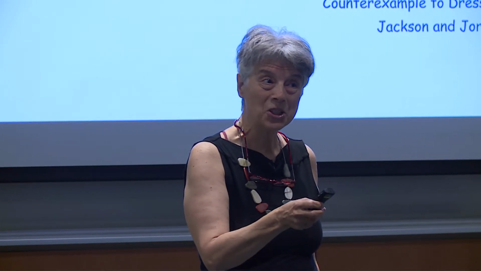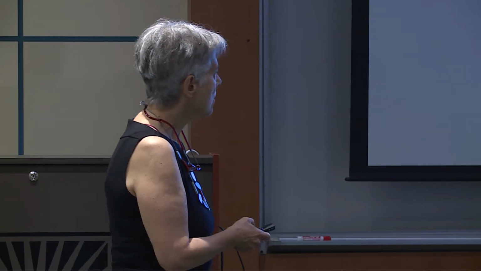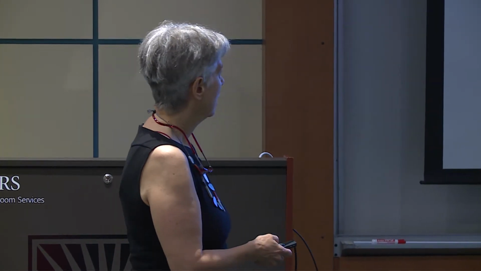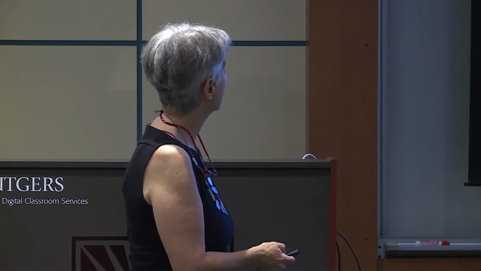That is a technical question, and I may not be able to tell you all the details. We can look in the literature, I can point you to where you have to look. But definitely you have to be aware, this is a very difficult question. So the counterexamples to the Dress conjecture, to the best of my knowledge, is the latest one that was disproved, about 13 years later by Jackson and Jordan.